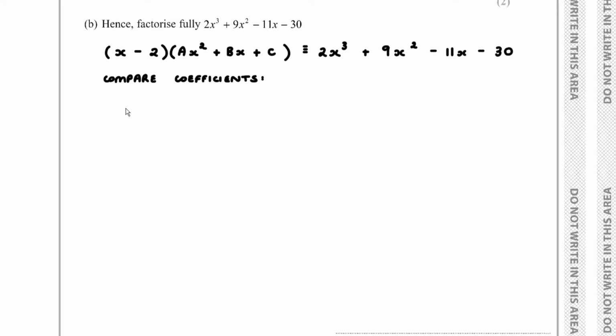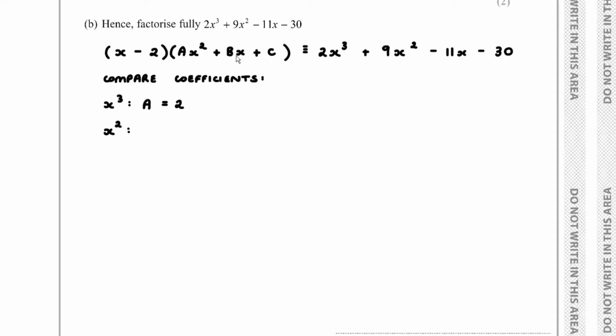So, if we consider the x cubes, on the left hand side, x multiplied by ax squared gives us an x cubed term, so the coefficient of x cubed is a, and on the right hand side, the coefficient of x cubed is 2, so a is equal to 2. Let's now take a look at the x squareds.